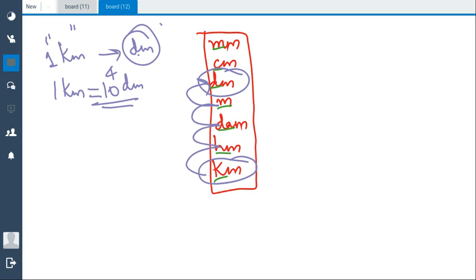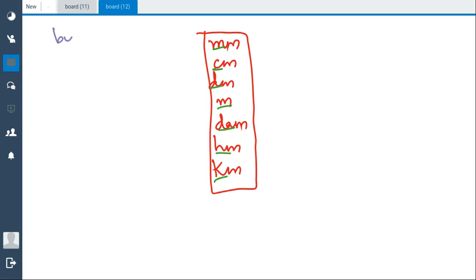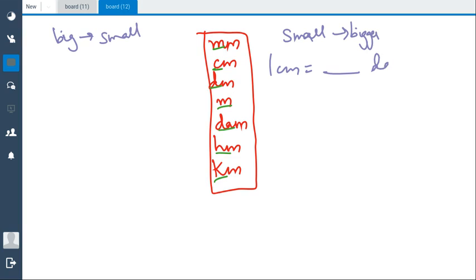Okay, easy. What if you have to go from the smaller unit to the bigger unit? What we did is from the bigger unit to the smaller unit. Now we need to convert the smaller unit to the bigger unit. How do you do this? If I write 1 centimeter is how much decameter?